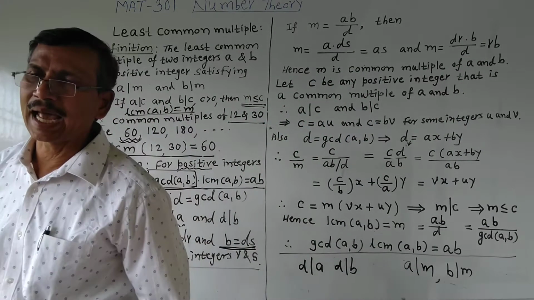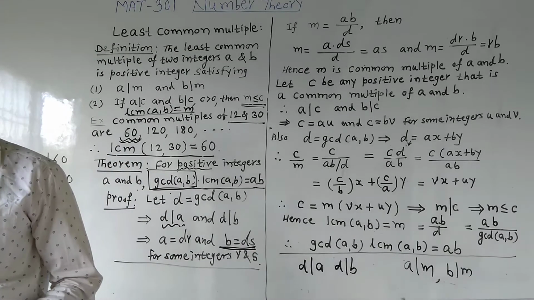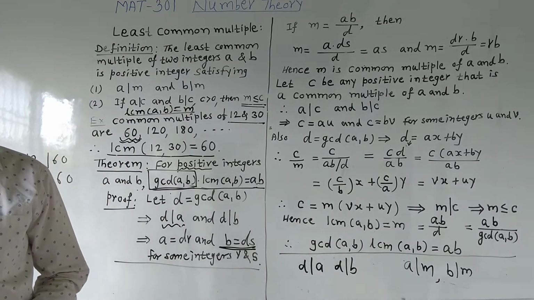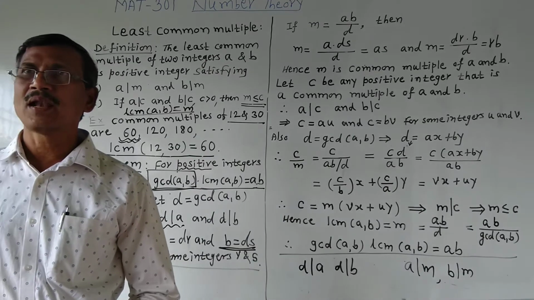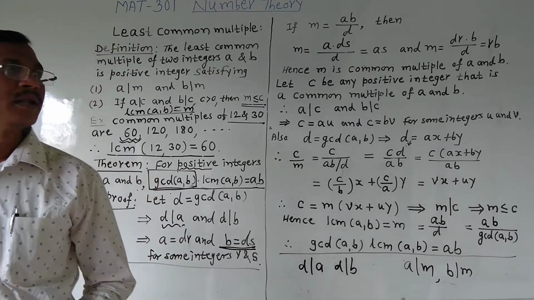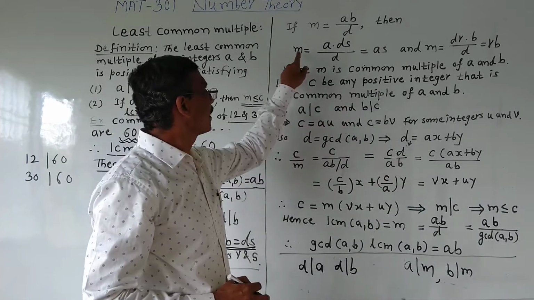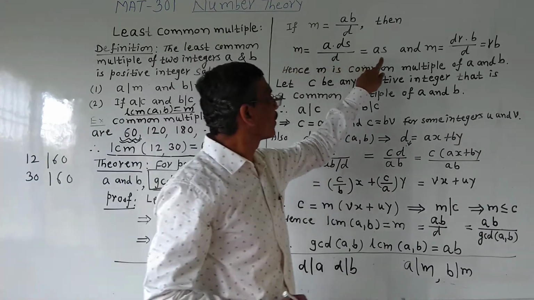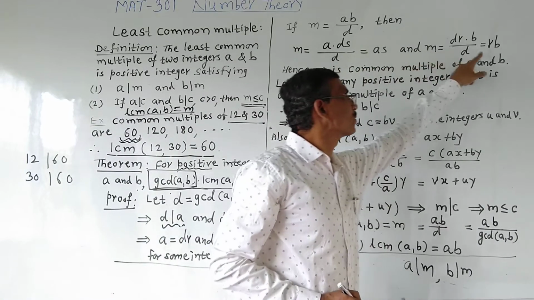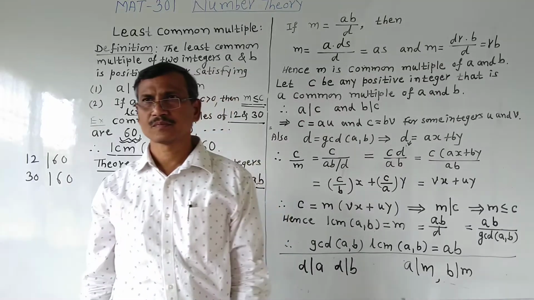Means assuming that M is equal to AB upon D and putting the value of A and B one by one, we get two values of M as M is equal to AS and M is equal to RB.